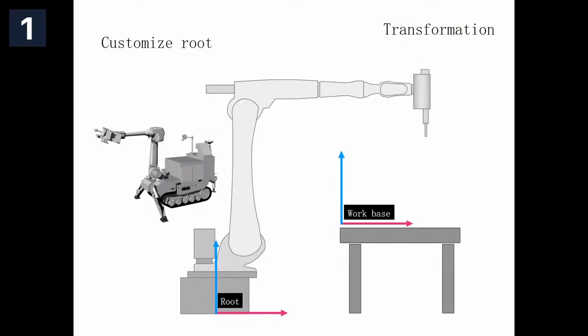Also in the root is this. So if we want robots to move, we should change the root transformation, and the world base is not so usually used. So I didn't say.